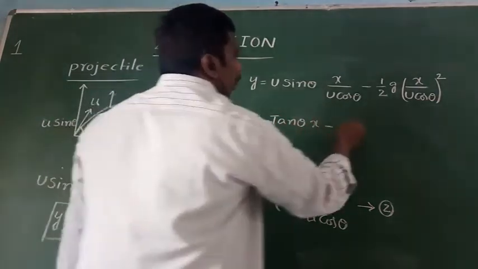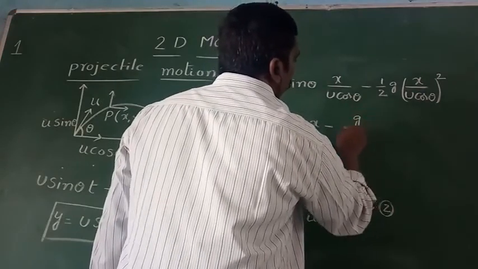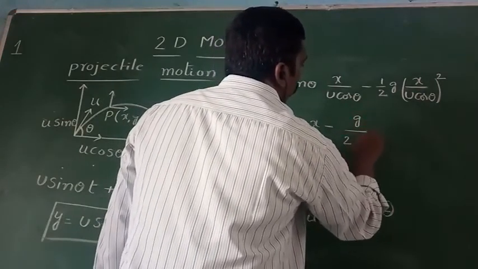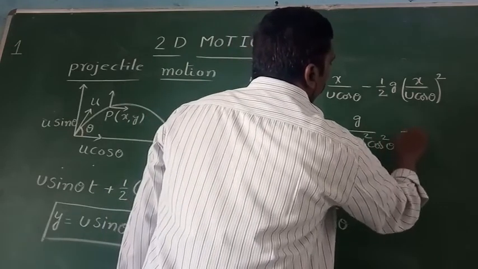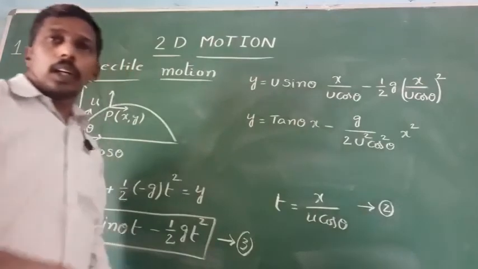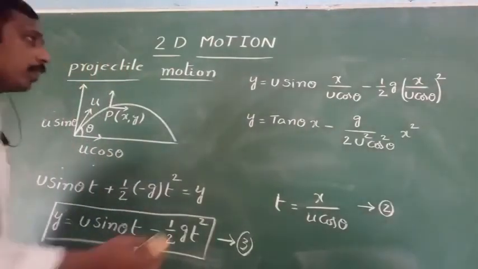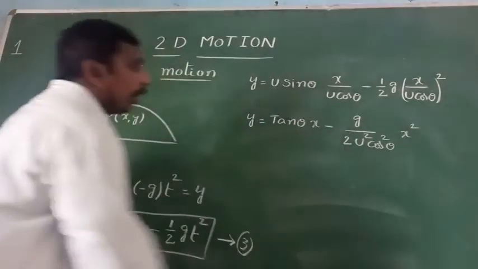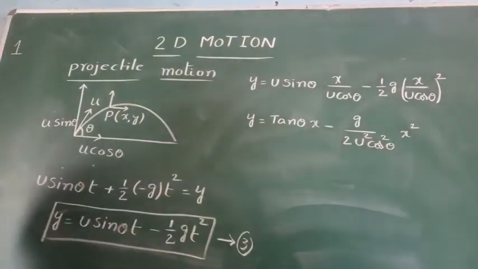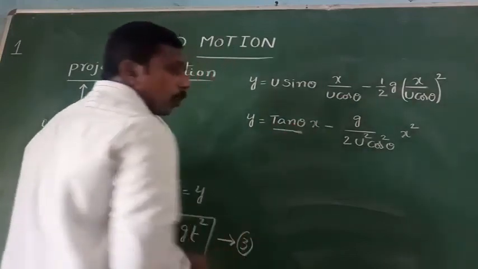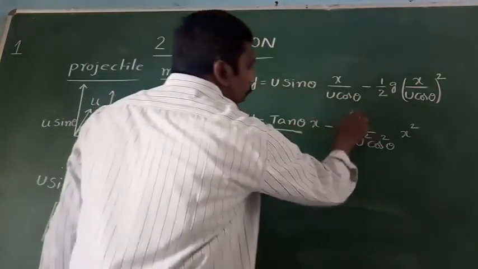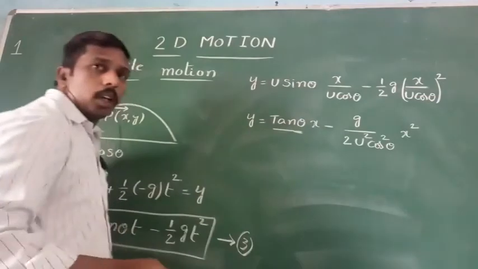minus g by 2 u square cos square theta into x square. This is the displacement equation, the equation of the projectile you can say. From this, let us assume tan theta is equal to a and g by 2 u square cos square theta is taken as b.